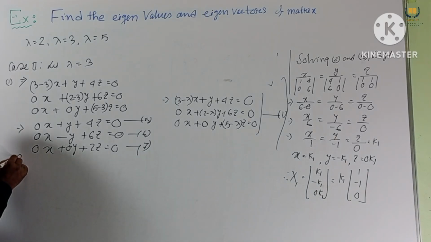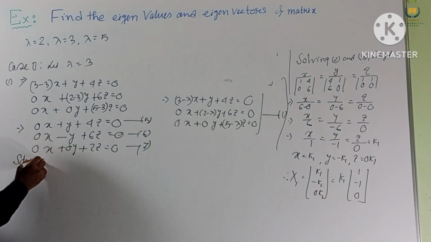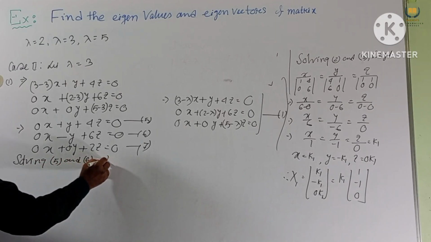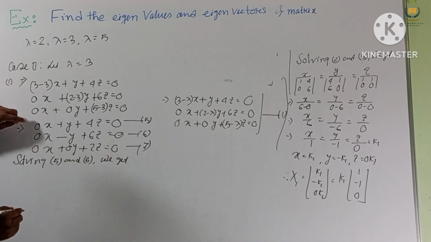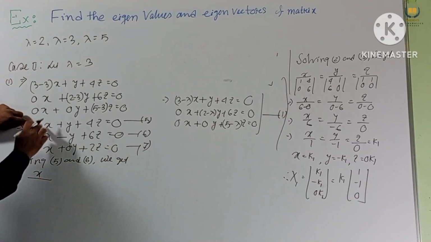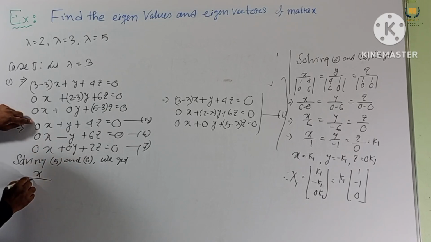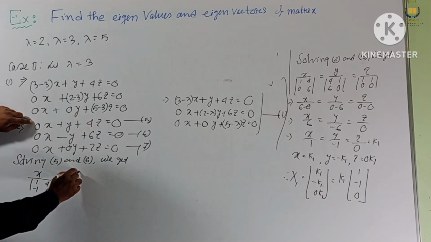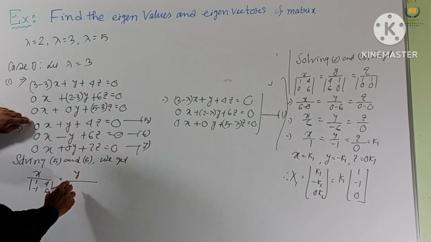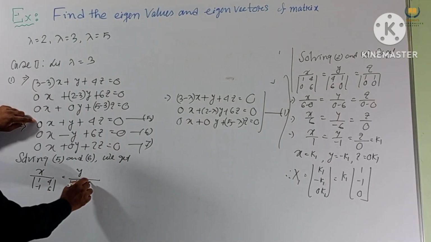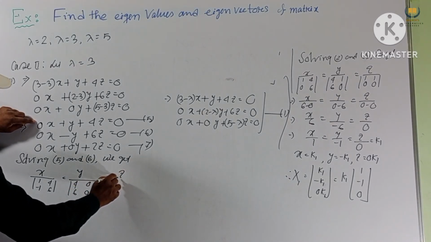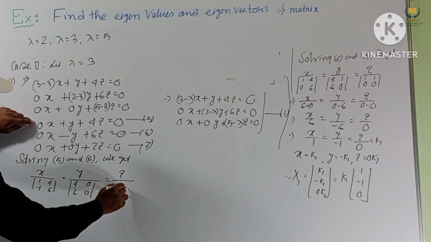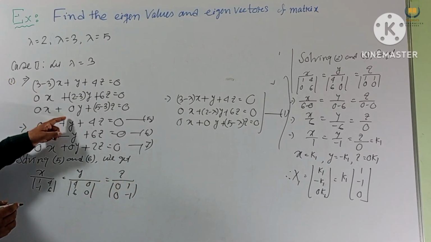Now solving 5 and 6. Solving 5 and 6, first taking x, then this cancels, 1 minus 1, 4, 6, y, then this cancels, 4, 6, 0, 0, z, then this one cancels, 0, 0, 1 minus 1, 0, 0, 1 minus 1.